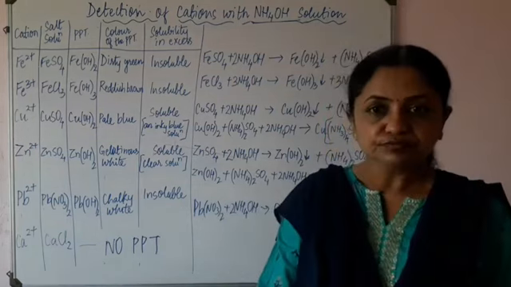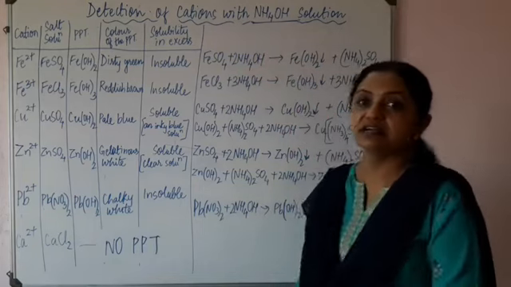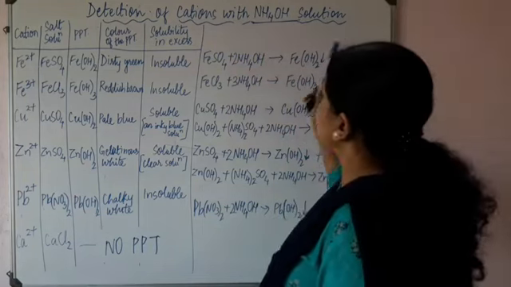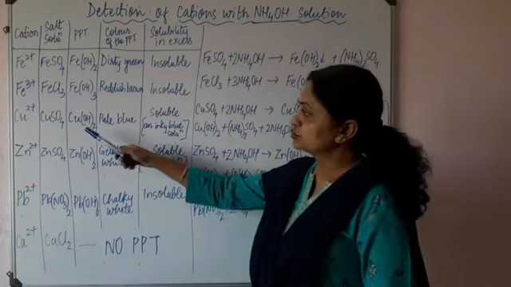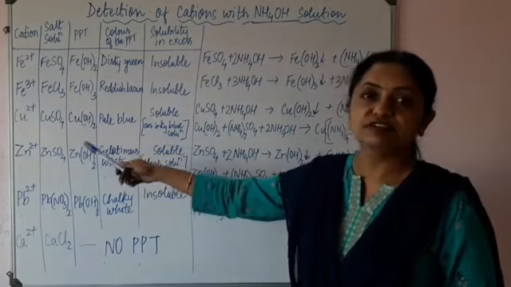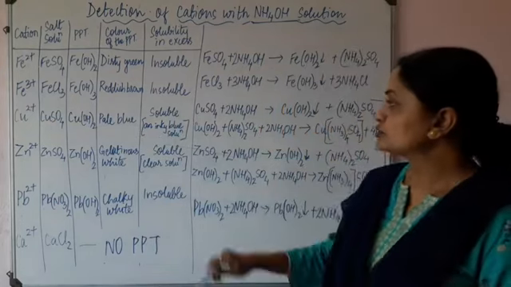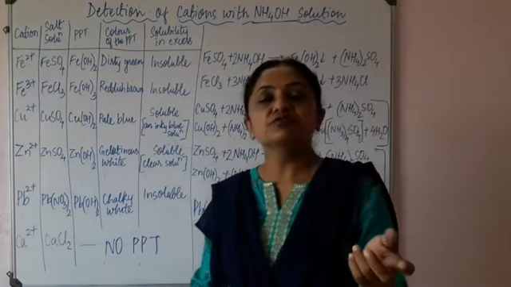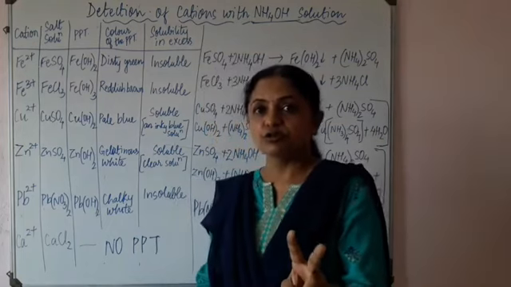So all of you, we have studied detection of cations with NaOH and detection of cations with NH4OH. In this, if you will see, two salt solutions, here copper sulfate and zinc sulfate. In excess, cupric hydroxide and zinc hydroxide are soluble, and in the previous one we saw zinc hydroxide and lead hydroxide were soluble, right?